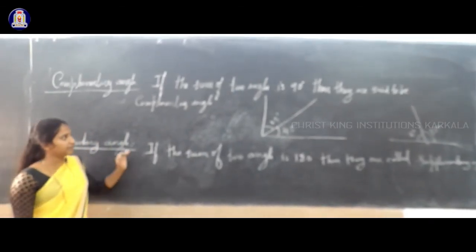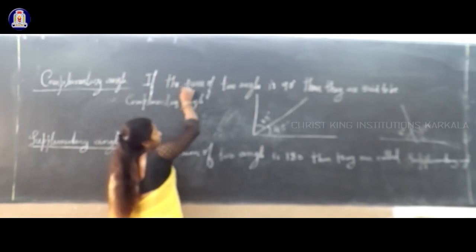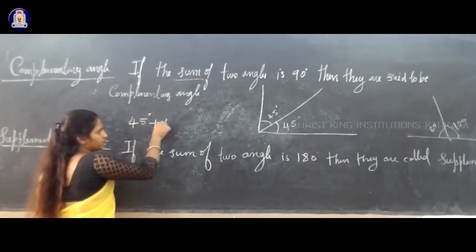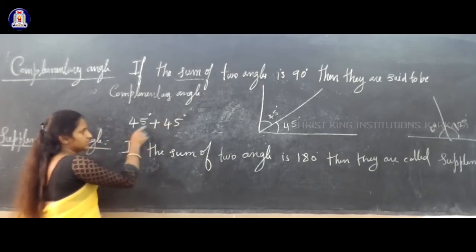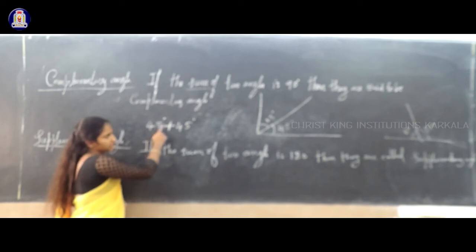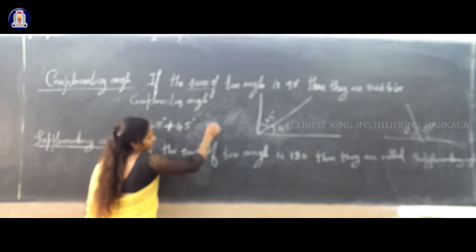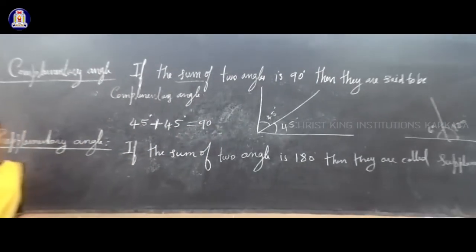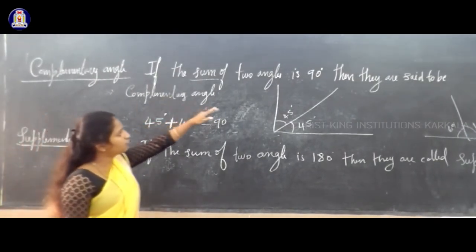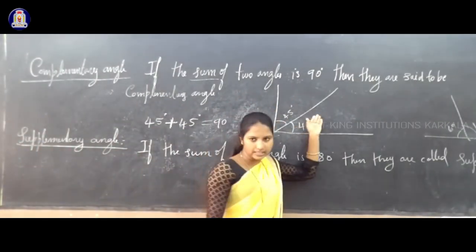Sum means addition. If you add two angles, 45 degree plus 45 degree, the sum of the two angles is equal to 90 degree. That is called complementary angles.